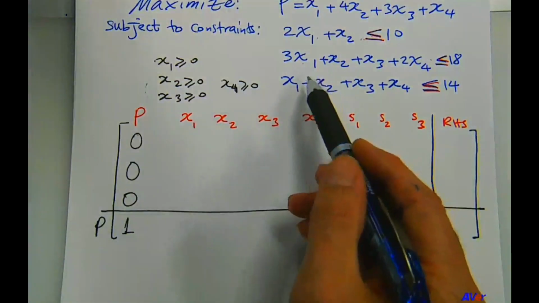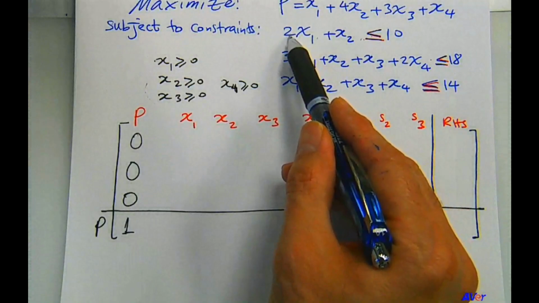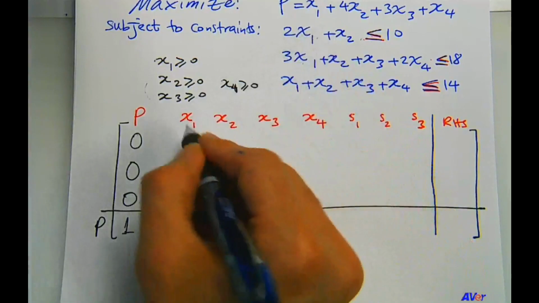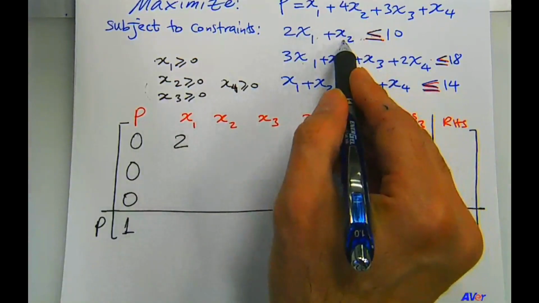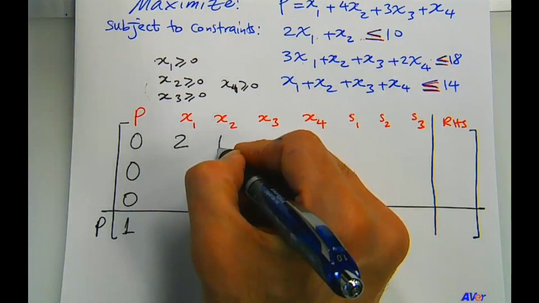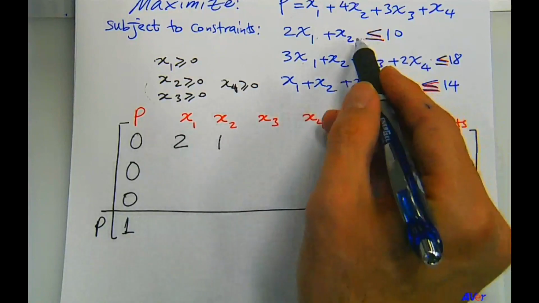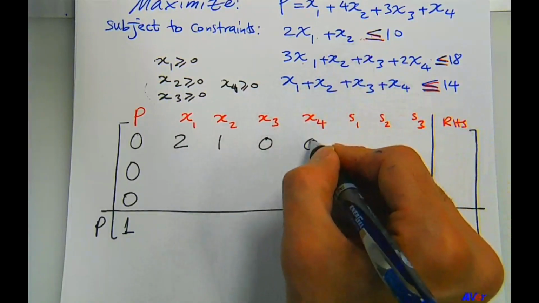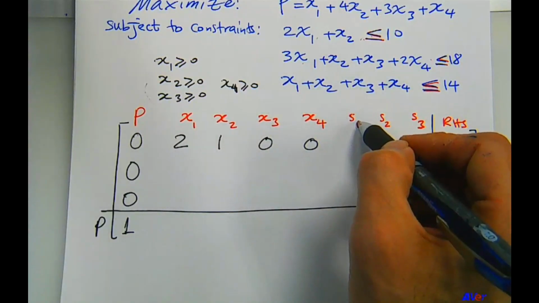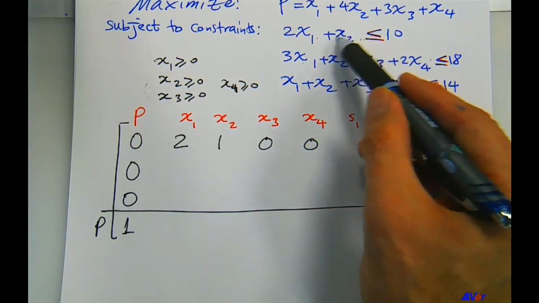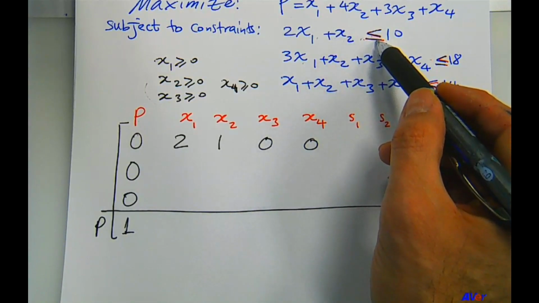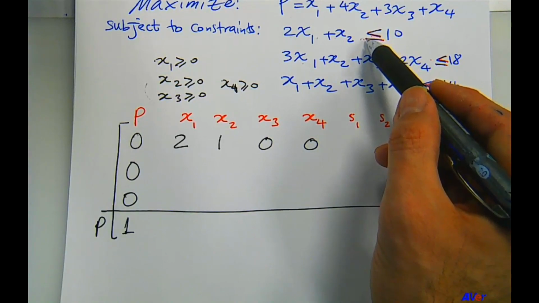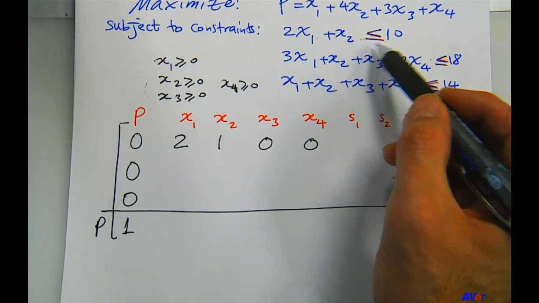Okay, so let's grab each of these numbers. So for x1, we have a 2. For x2, we have 1. For x3, there is no x3, so 0. There is no x4, so 0. Now for s1, we're going to need an s1 to convert this to an equality, right? I don't want to write it down because you should now start doing these things in your head rather than writing things down.